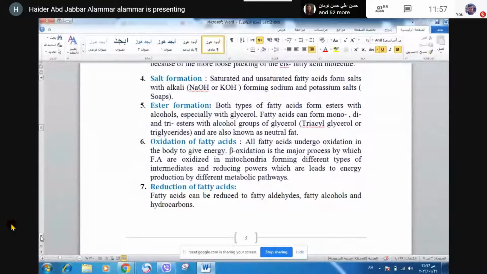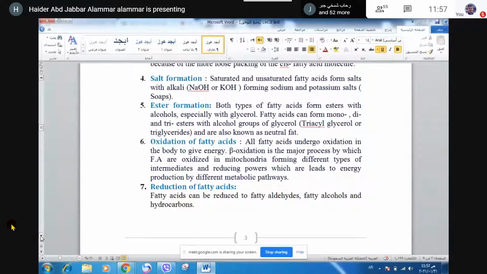The fifth property is called ester formation. Both types of fatty acid form esters with alcohol. As I said in the lecture yesterday, the major alcohol binding to the fatty acid is glycerol, or a higher molecular weight monohydric alcohol in lipids like waxes.